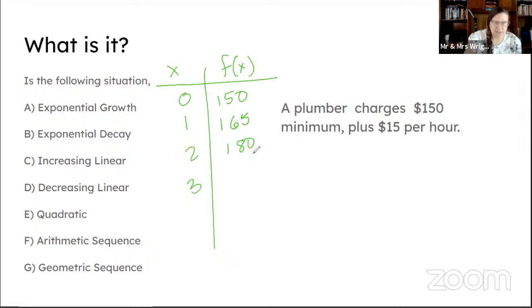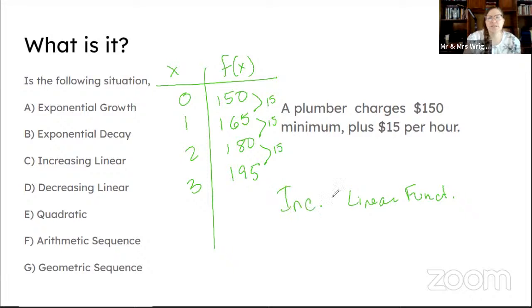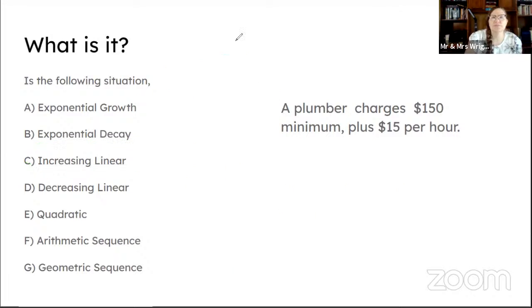Hour 3, it's going to be $195. All right, so the difference between each of these is what? It's 15. So that's an arithmetic sequence. Since there's an arithmetic sequence in the outputs, that means we're going to have a linear function. Okay, is it increasing or decreasing? Well, as the x values are going up, the y values are going up. So it's an increasing linear function. There you go.